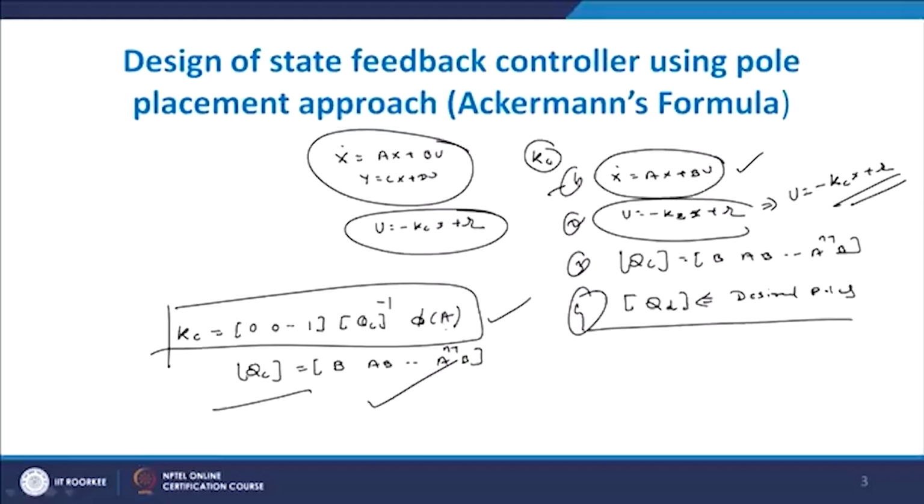So phi of A is the original characteristic equation, in terms of eigenvalues lambda and the characteristic coefficients, represented by phi of A. The Ackermann formula is basically based on the Cayley-Hamilton theorem.